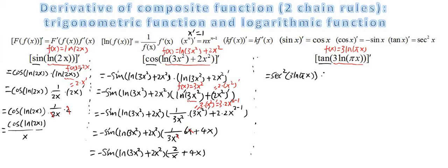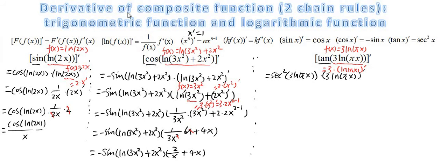Times the derivative of little f(x), 3 times ln pi x. Okay, and here we can see 3 times this function. We can apply the constant multiple rule. We have 3 times the derivative of ln pi x.